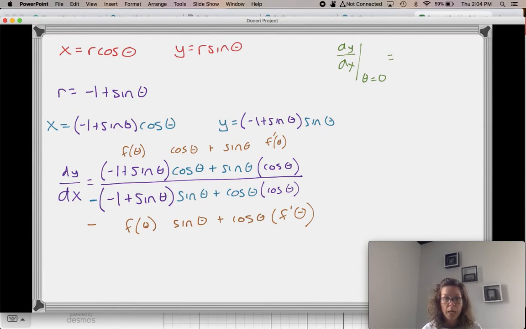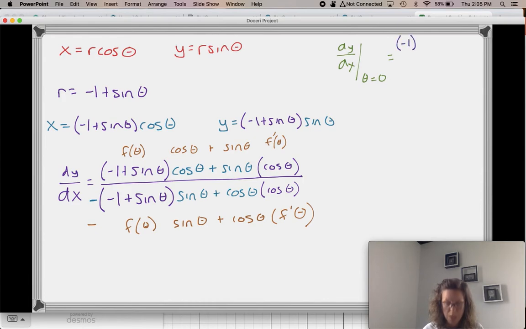Okay, so we're going to plug in theta is 0 here. Hopefully I left enough room there. So now I'm going to plug in 0. So I got -1 plus sine of 0. What is the sine of 0? So either think about your unit circle or think about your graph of sine. Sine of 0 is 0. So that first purple part just becomes -1. Maybe I should go back to my purple and blue, and we can see where all this stuff is coming from.